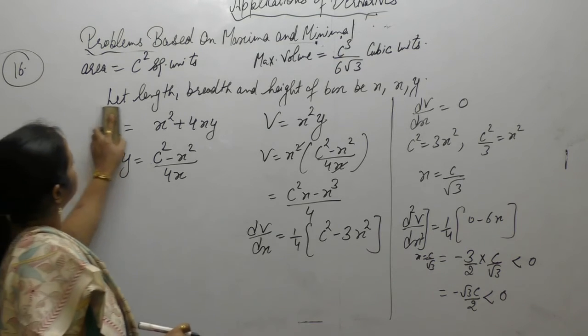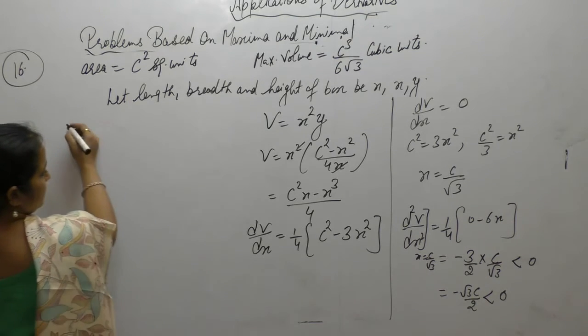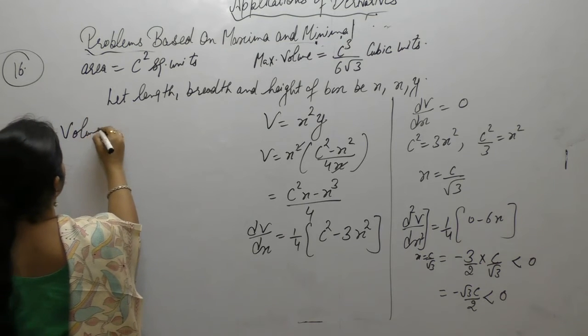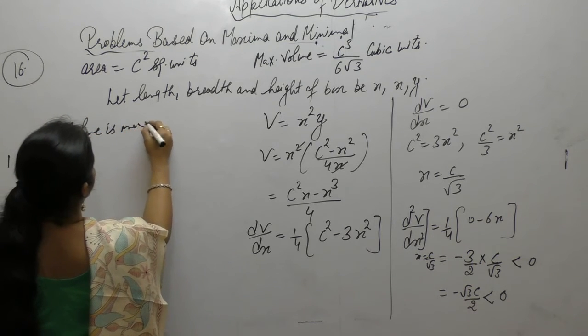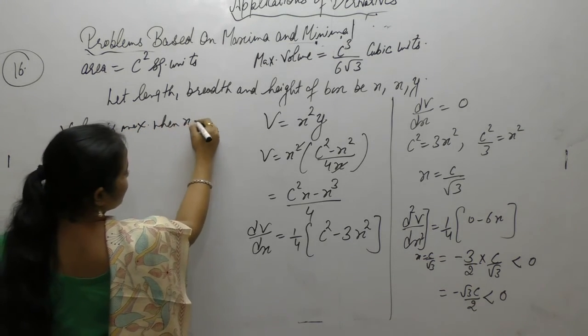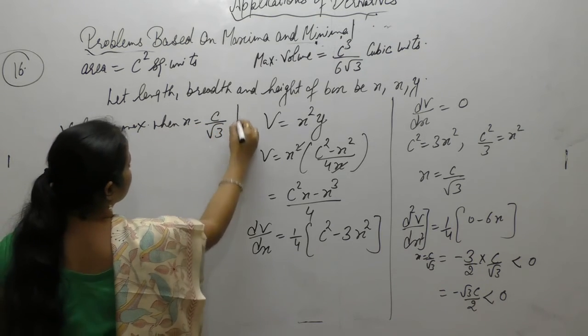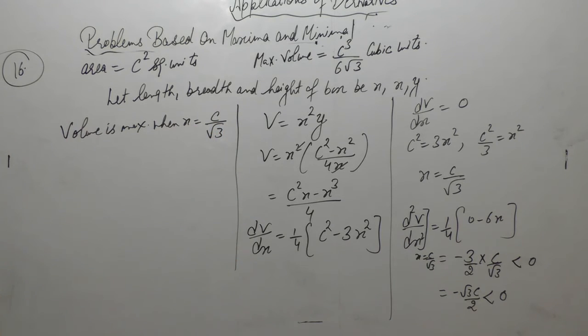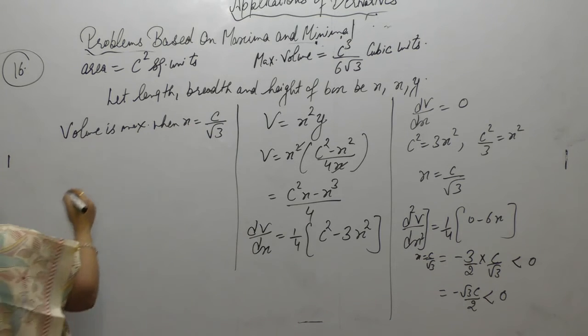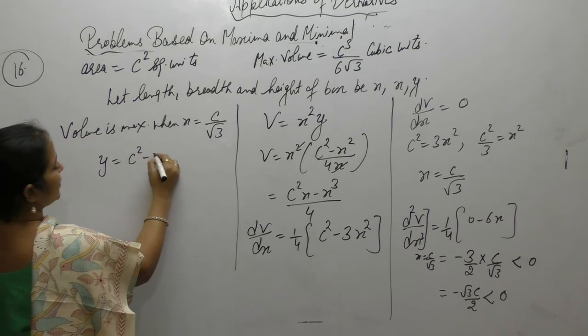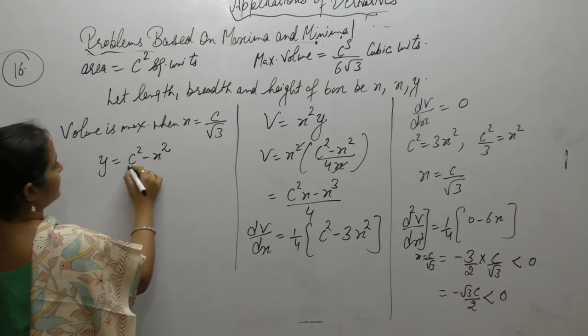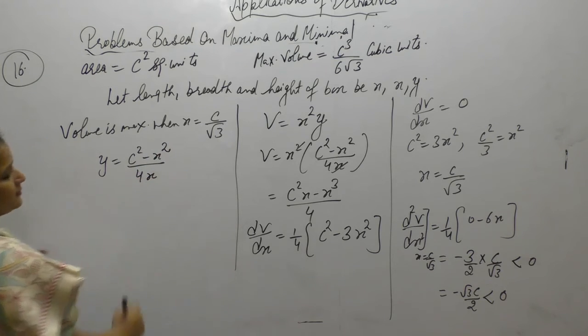Therefore, volume is maximum when x is equal to c by root 3. Then the value of y was c square minus x square upon 4x.